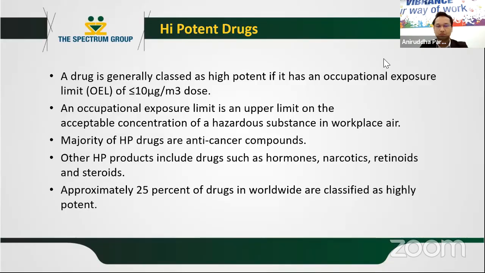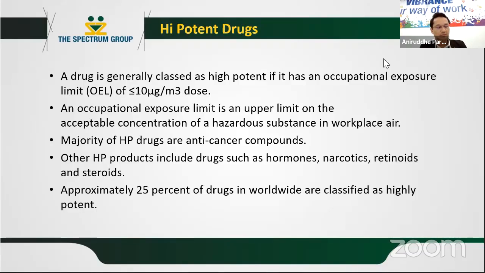The occupational exposure limit is an upper limit on the acceptable concentration of a hazardous substance in a workplace environment. If the operator gets exposed more, he may develop symptoms or negative reactions to the drug being manufactured.